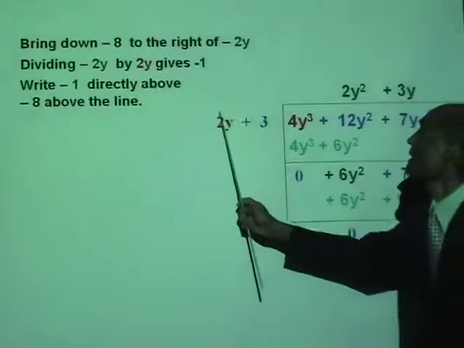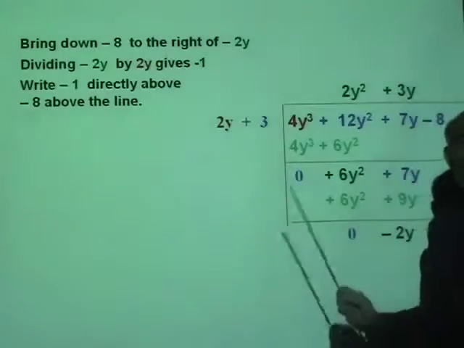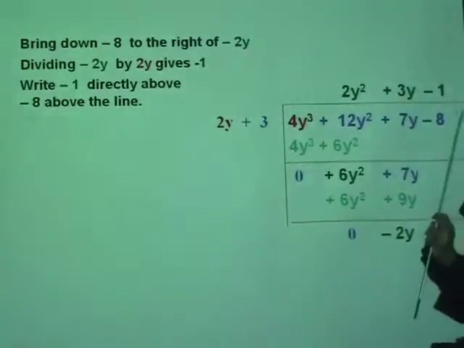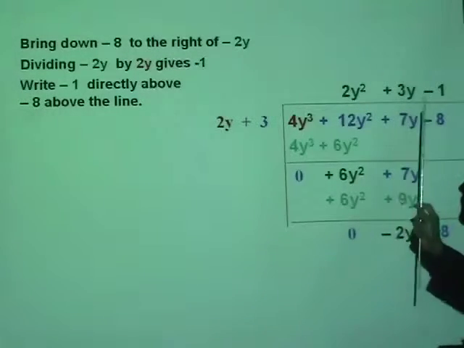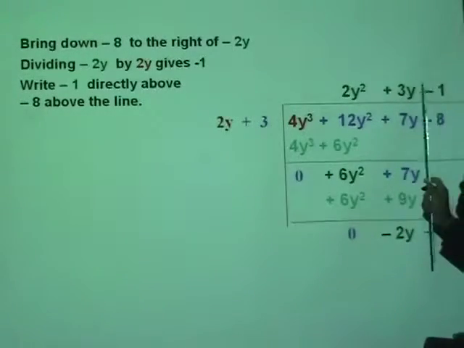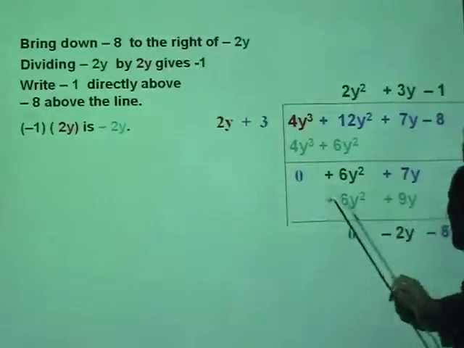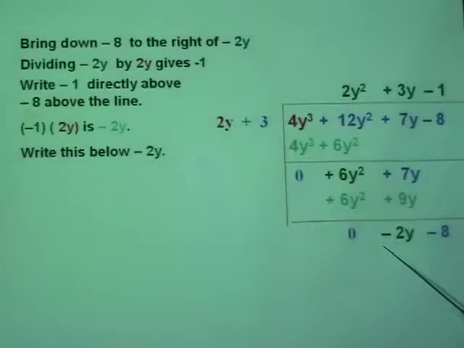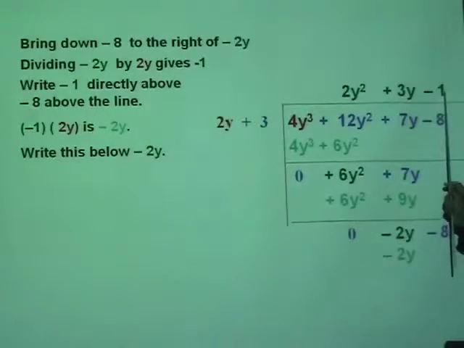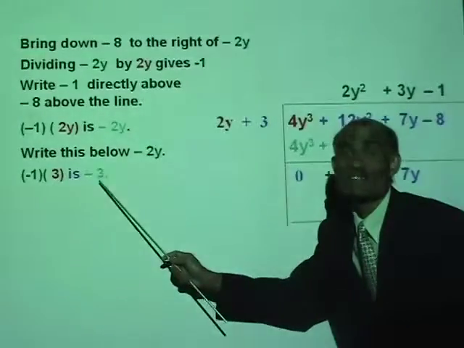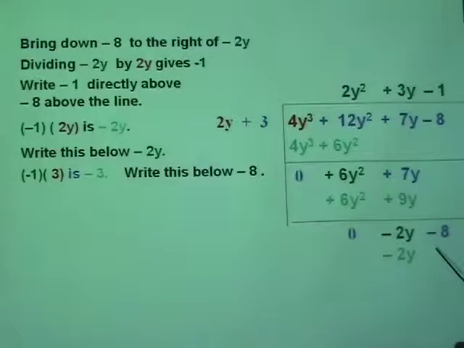Negative 2y divided by positive 2y is a negative 1, and we write it to the right of 3y. And now multiply. Negative 1 times 2y is negative 2y, and we write it below that negative 2y. Now, negative 1 times positive 3 is negative 3, and we write it below that negative 8.